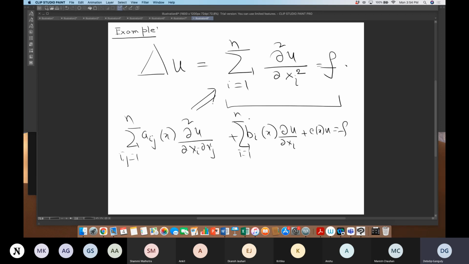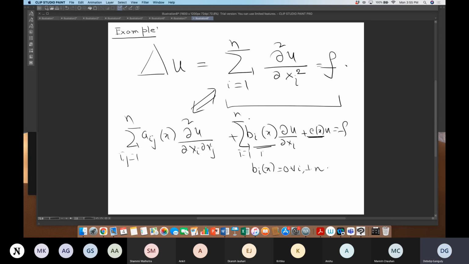Now try to see the similarity with the Laplace equation. So you tell me, what is b_i in the Laplace equation? 0. Excellent. b_i(x) is 0 for all i equal to 1 to n.